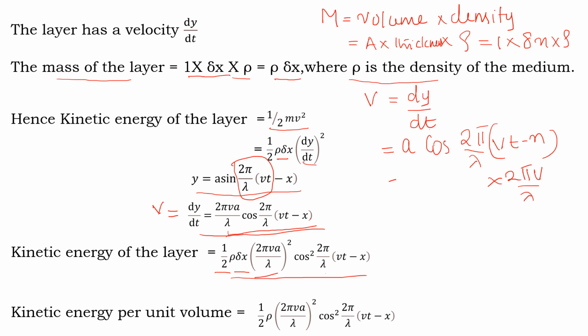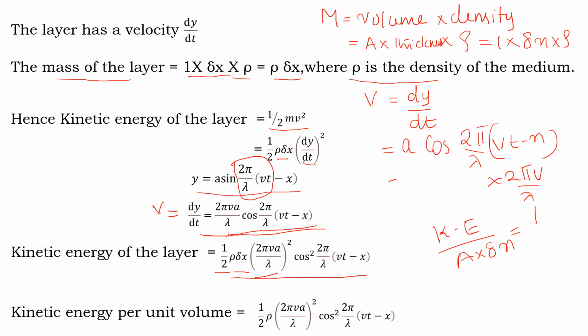Next, the kinetic energy density, that is the kinetic energy divided by volume. That is, kinetic energy by volume means volume is area into thickness. Area is 1.